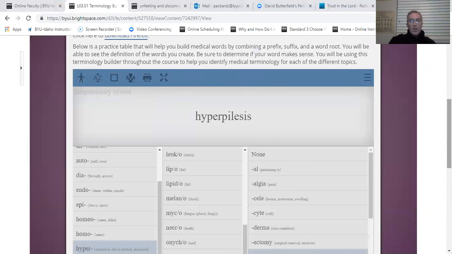So the pronunciation of some of these combining forms, the prefixes and suffixes, once they're put together, it changes how you pronounce the word. So oftentimes a long vowel becomes short. In this case, it would be hyperpilosis, basically meaning a condition of excessive hair.